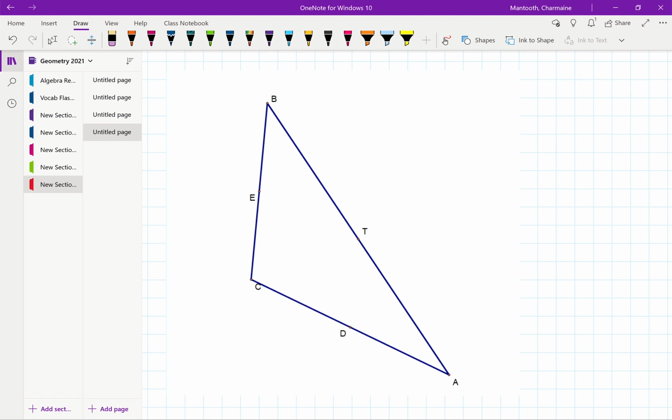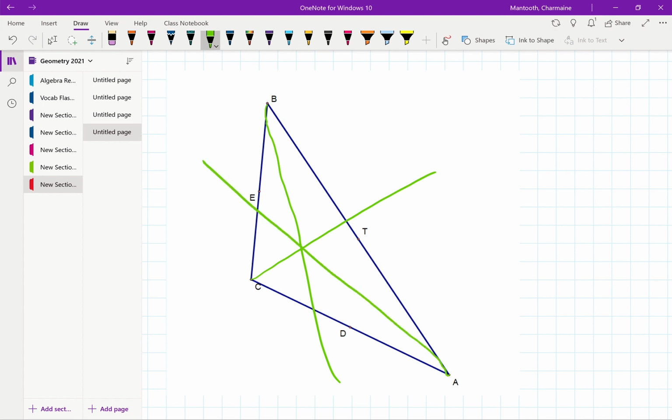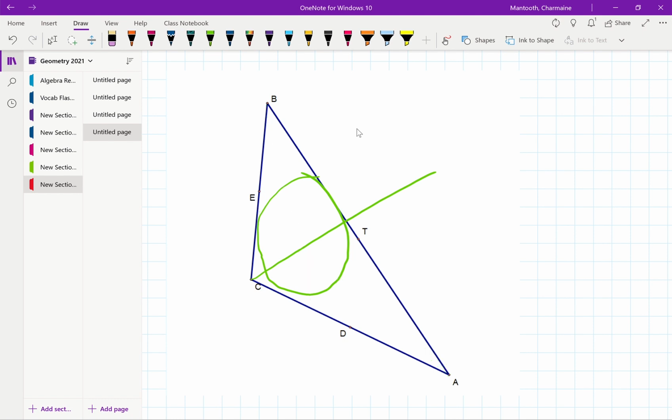Then we looked at the angle bisectors. So an angle bisector bisects an angle. Now if we draw all 3 angle bisectors in there, that creates the incenter, and the incenter is the center of that inscribed circle. And that's a definition and that's vocabulary.